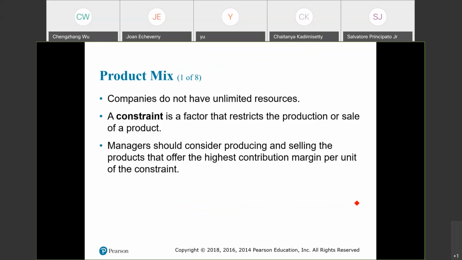For a manufacturer, like Smart Touch Learning, the production constraint may be labor hours, machine hours, or available materials. For a merchandiser, the primary constraint is display space. Other companies are constrained by sales demand or competition.